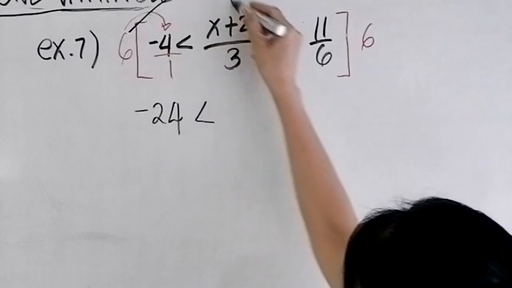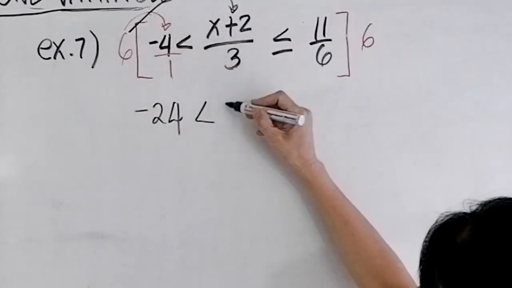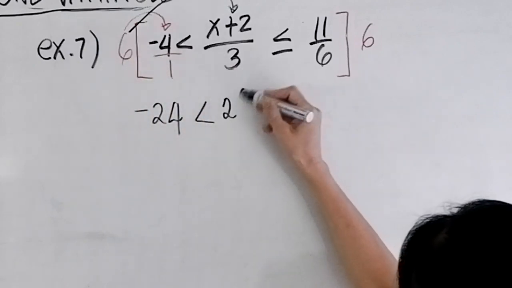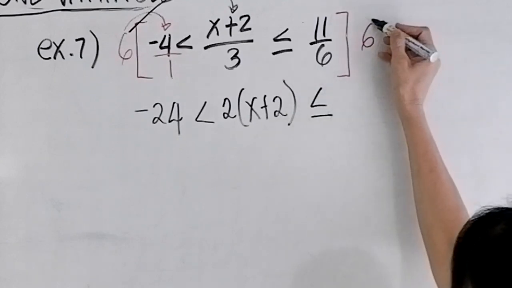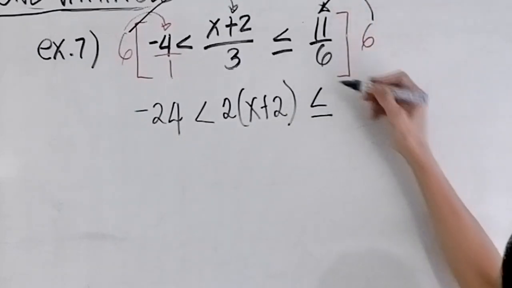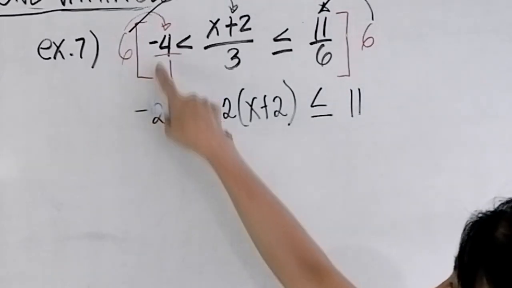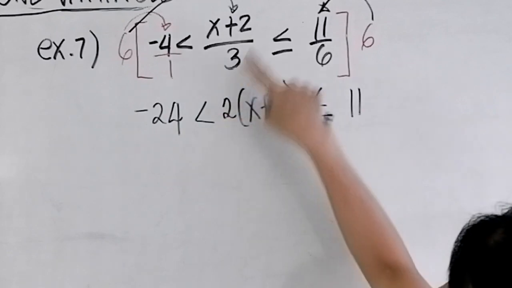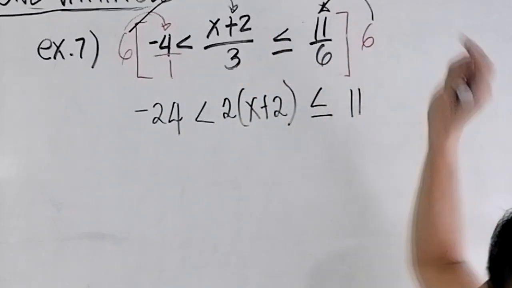Then, multiply also this by 6. 6 divided by 3 is 2 times the quantity x plus 2. Less than or equal to 6 times this. 6 cancels, you get 11. Did you get that? Again, 6 times negative 4 is negative 24. 6 divided by 3 is 2 times the quantity x plus 2 less than or equal to 6 times 11 over 6, cancels 6.